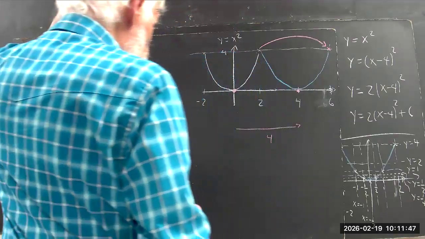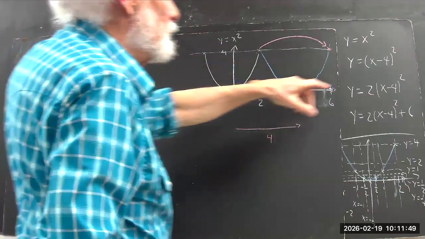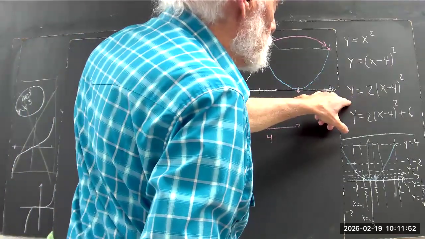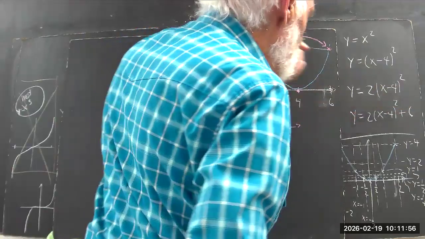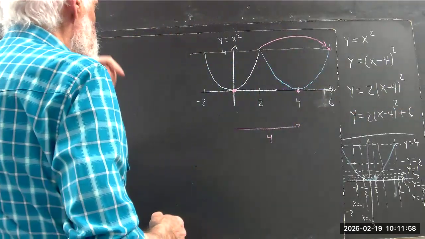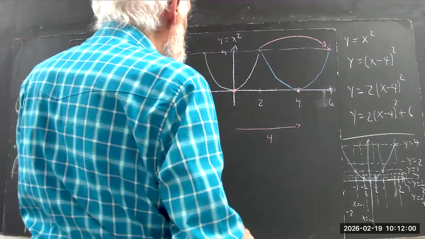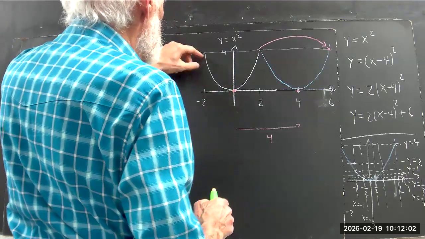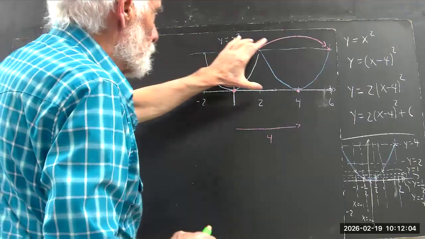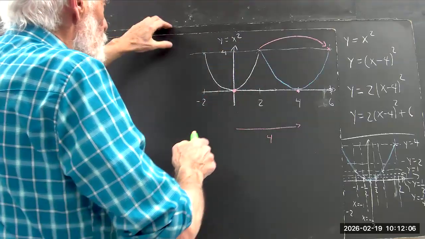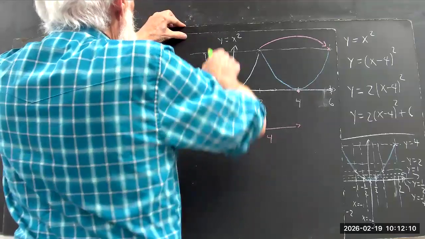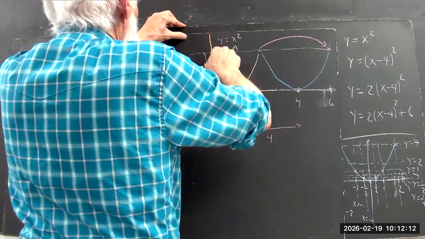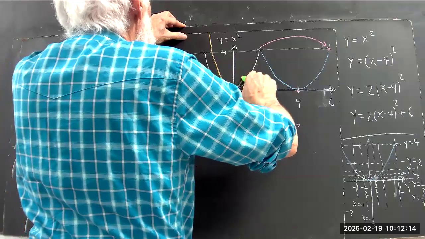Now, if we double the values to do y equals 2 times the quantity x minus 4 squared, well, first we think of doubling the values of the basic function so that every point moves twice as far from the x-axis. Well, the graph is going to look something like this.